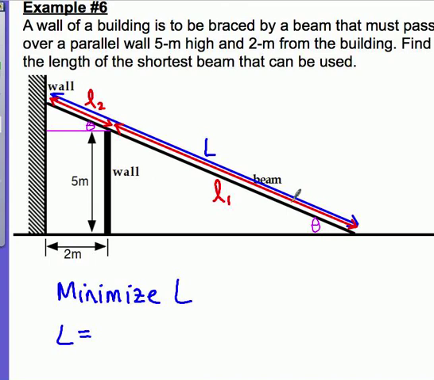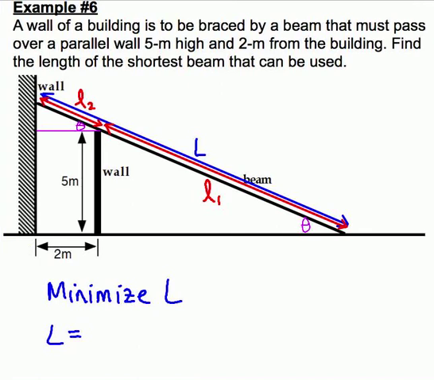And so I can write here 5 over L1 is going to equal the sine of theta. And so that leads me to L1 equaling 5 over sine theta.